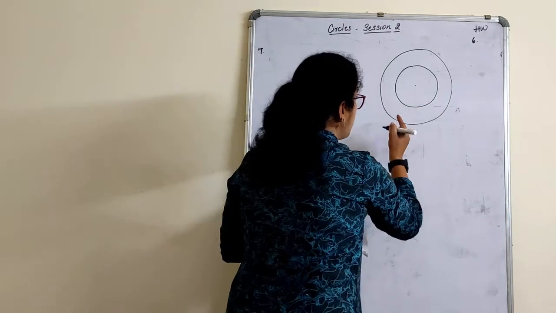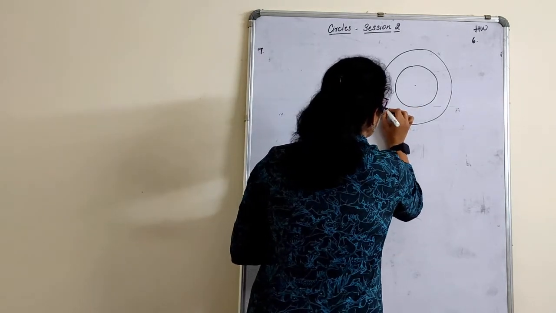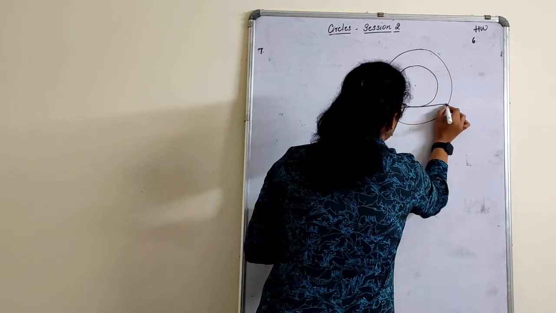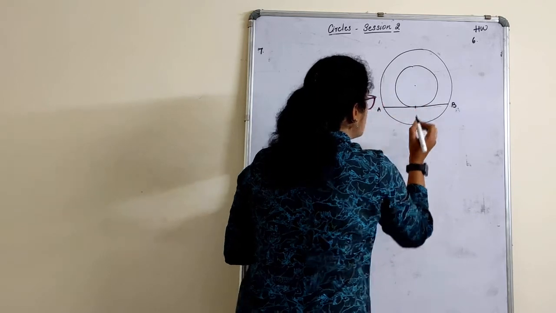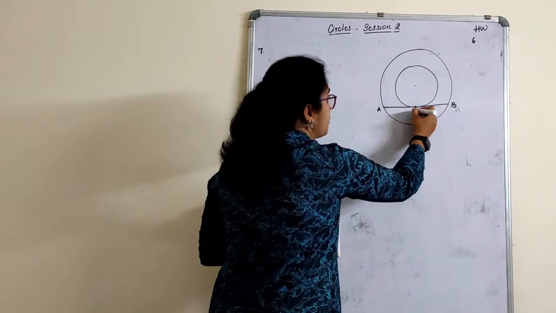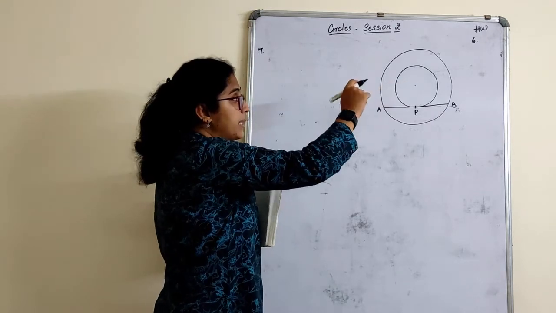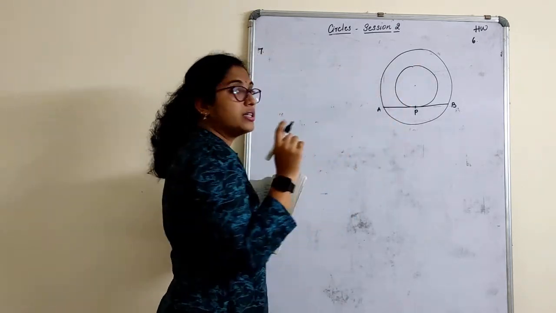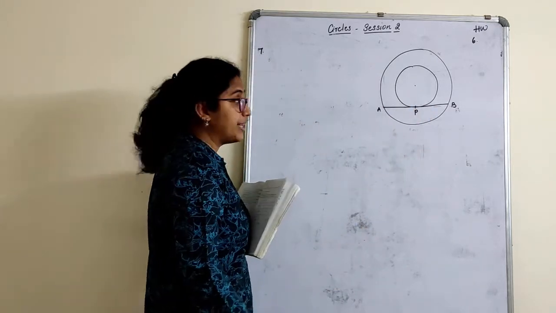Find the length of the chord of the larger circle which touches the smaller circle. So I can say now this is the chord. AB I will take as a chord which is touching the smaller circle, at point of contact P. It is actually a chord, but it is a tangent to the smaller circle, chord of a bigger circle, right?